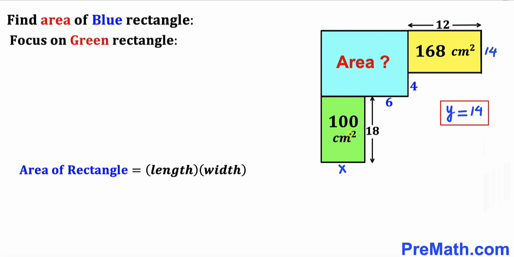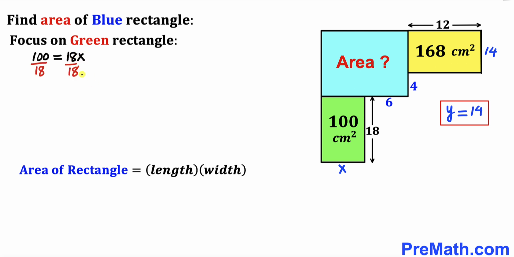And now here's our next step. Let's focus on this green rectangle, and we know its area is 100 centimeters square, and its side lengths are x and 18. So therefore we are going to apply this formula once again. So our area is 100 equals our dimensions, 18 times x.